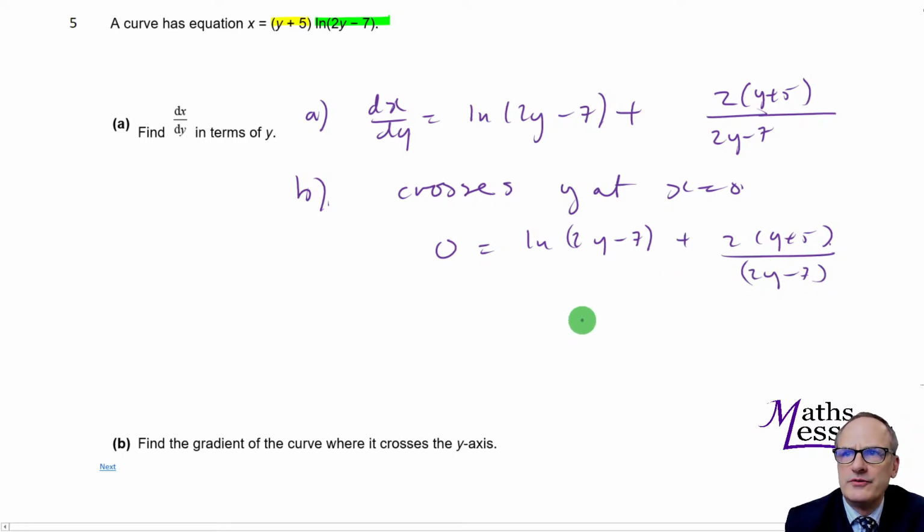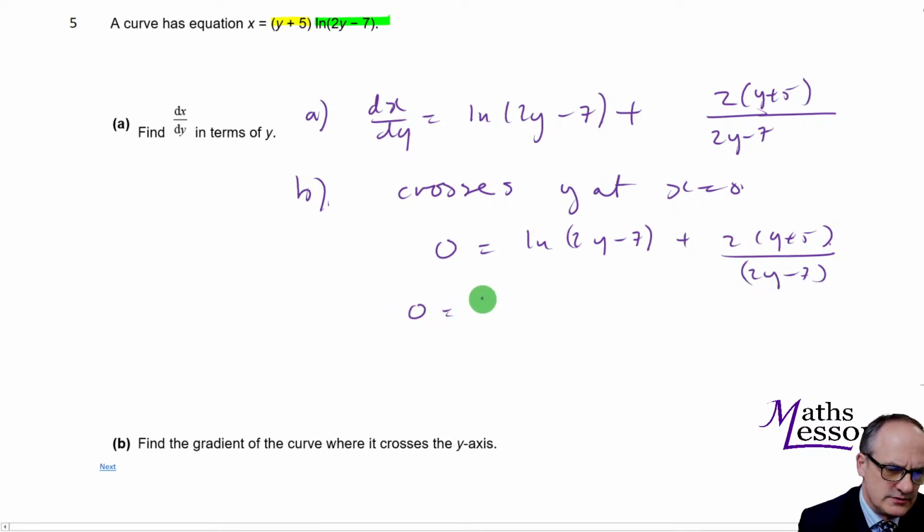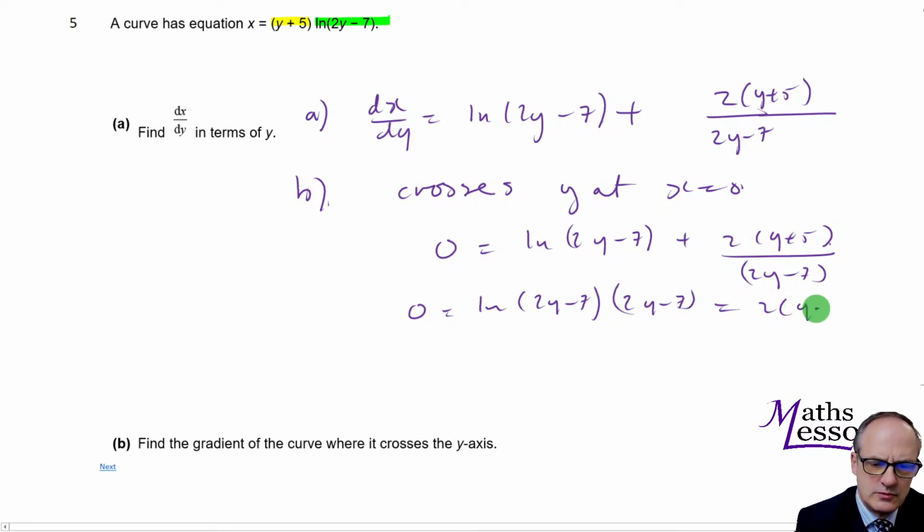Now, if we multiply throughout by 2y minus 7, we're going to get 0 is equal to natural log of 2y minus 7 times 2y minus 7 equals 2 open brackets y plus 5.